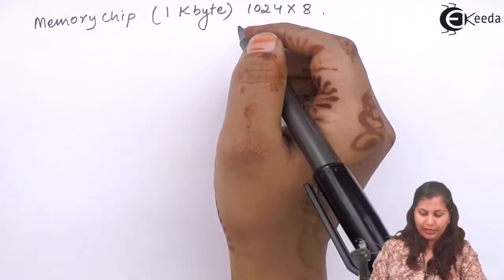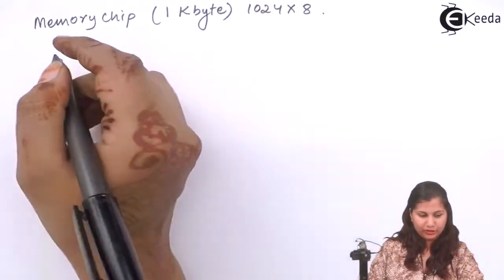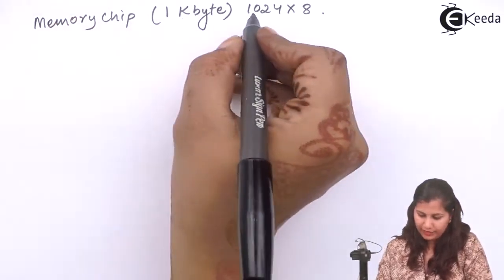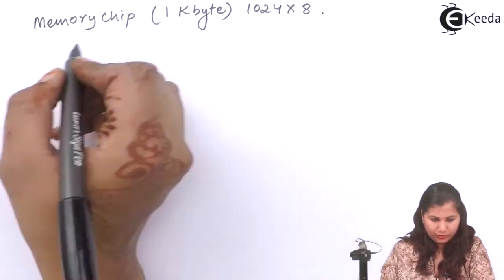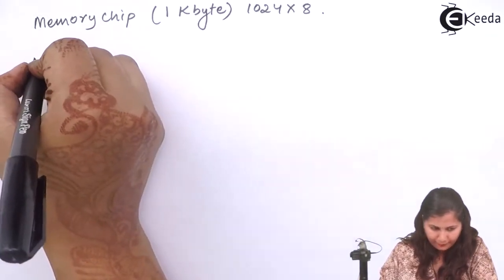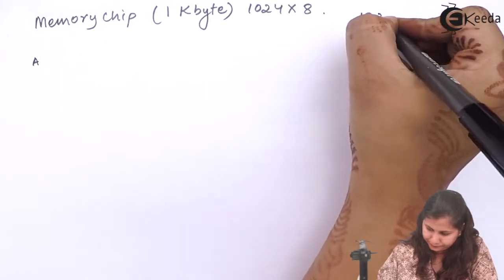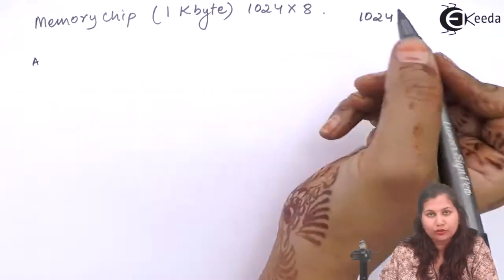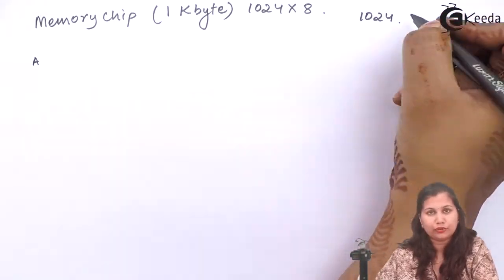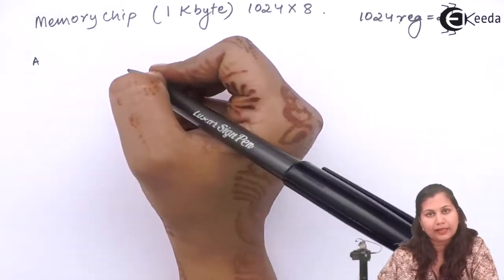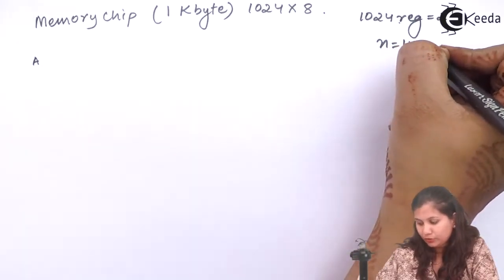First we have to calculate the number of registers. So we have 1024 registers, and it is equal to 2 raised to the power n. Now n is equal to 10.